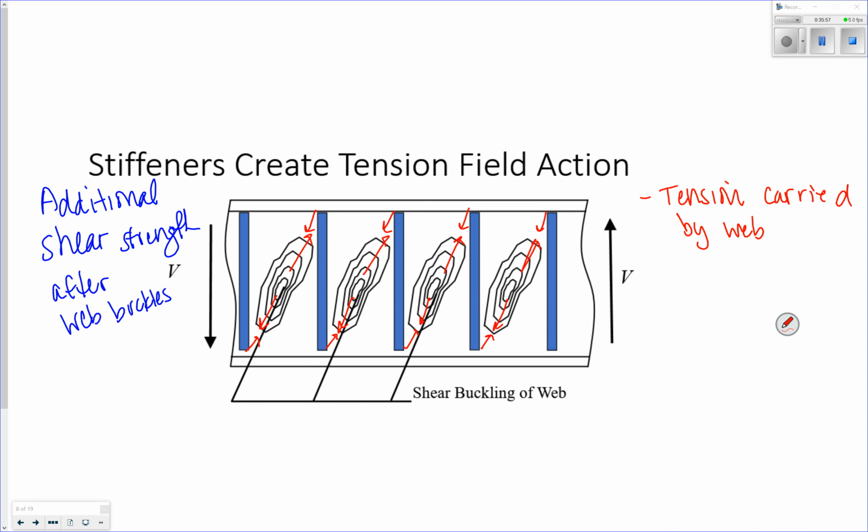We create an equal and opposite force for that tension force.